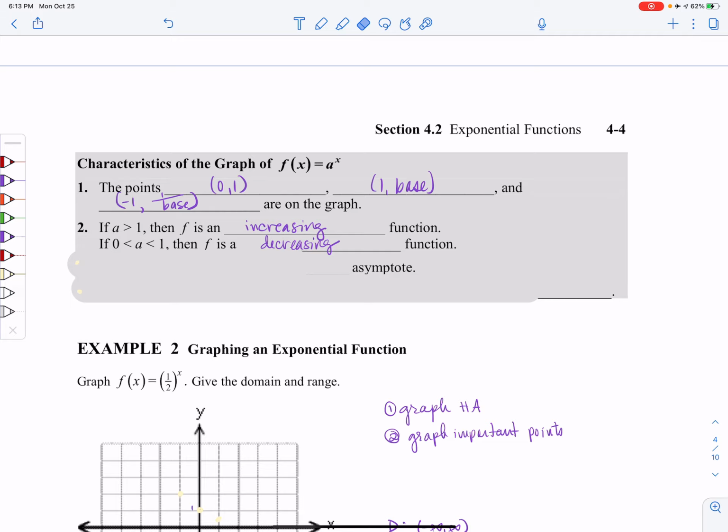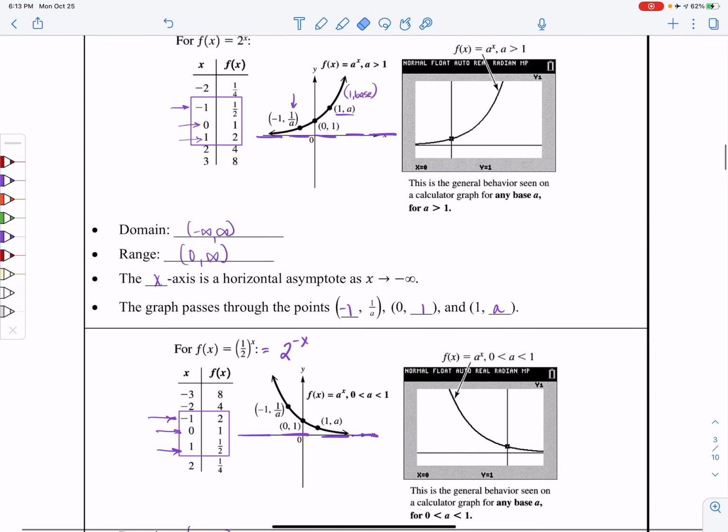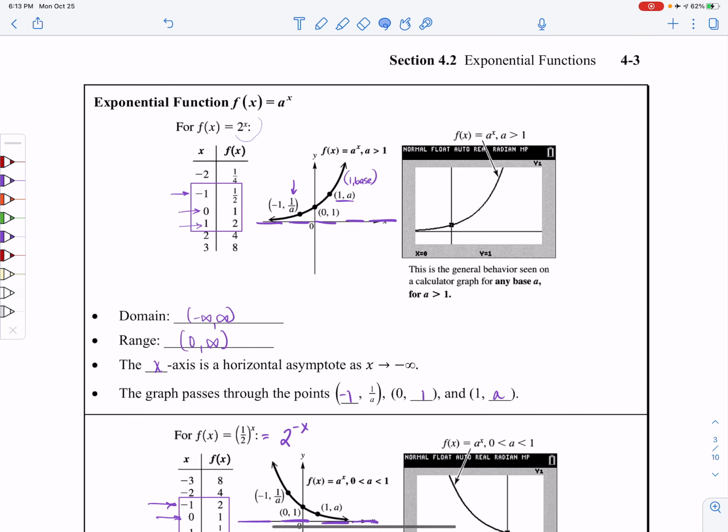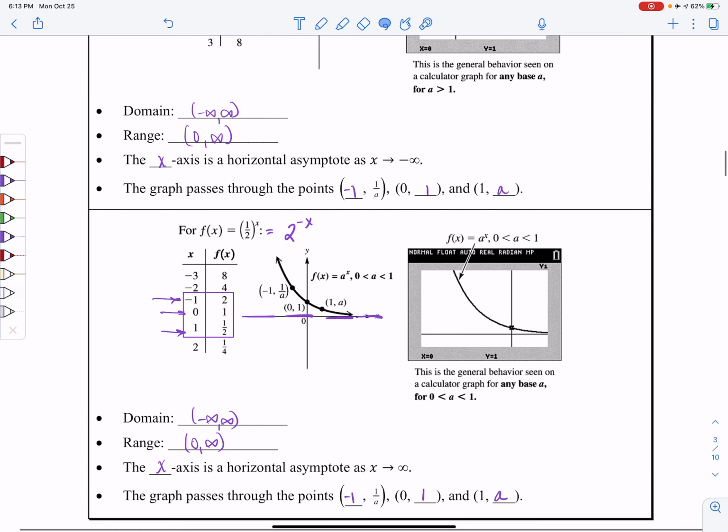If a is between 0 and 1, then my function is going to be decreasing. If you go back and look at these parents, here a is greater than 1, and you can see that my graph is increasing. But on this one, my a is less than 1, between 0 and 1, and my function is decreasing.